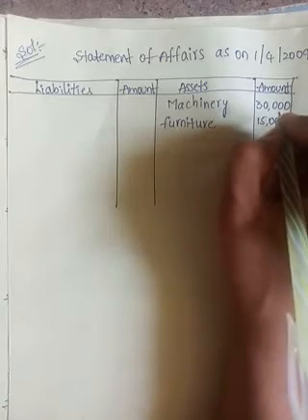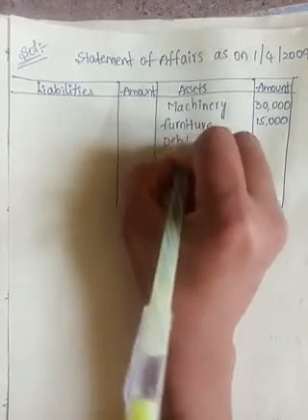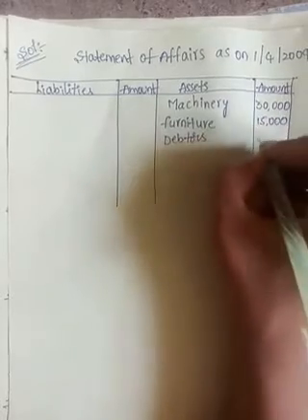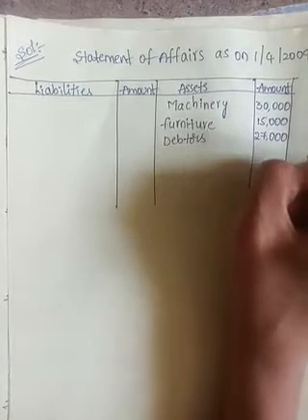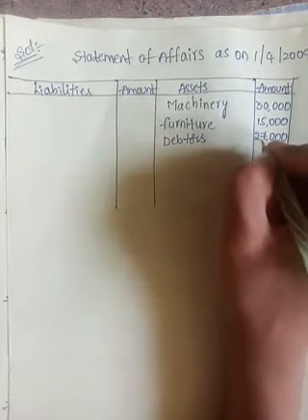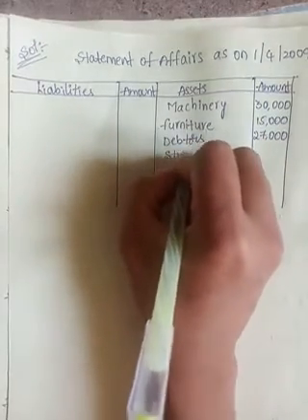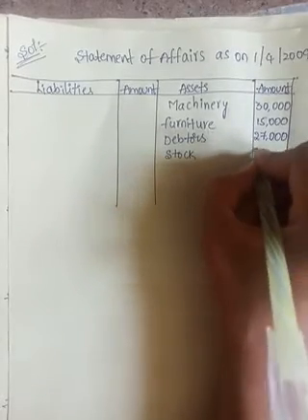Next is debtors, 27,000. Debtors value is 27,000. Stock 34,000.